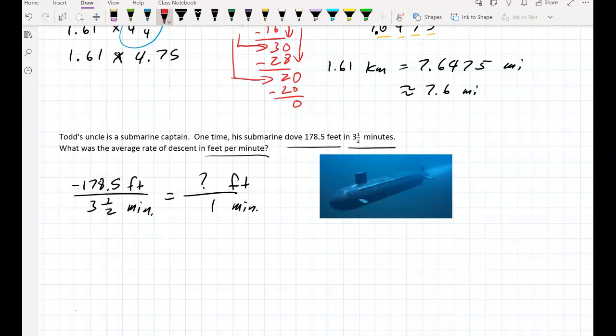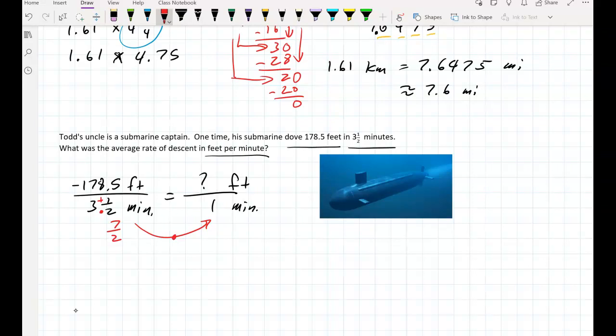So, what do we got to do? Well, we got to find out, how do I get from 3.5 to 1? Well, we have to change this mixed number into an improper fraction. So remember, 3 times 2 is 6, plus 1 is 7. So this is 7 halves. Now, if I want to change a fraction into 1, I have to multiply by its reciprocal.